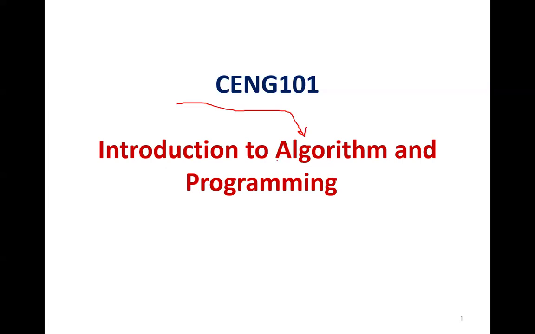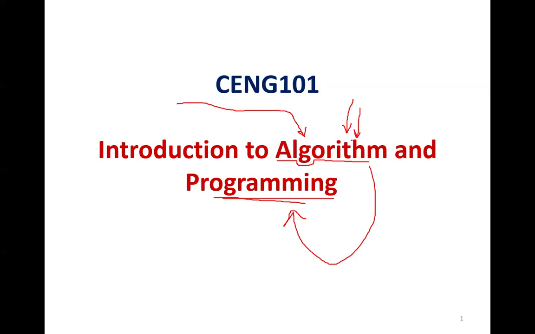We defined that algorithm is not code. And because algorithm is not code, getting an algorithm does not mean you have started to write a program. So we said after this stage of algorithm, we move to the stage of programming.